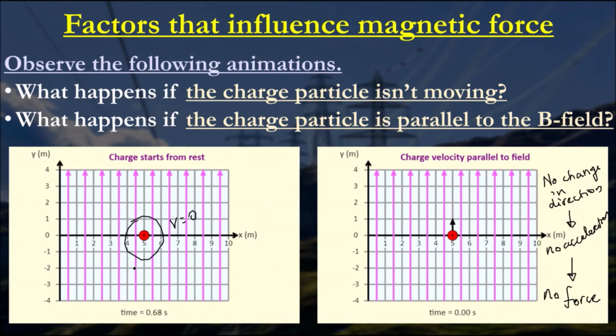If there's no change in motion, Newton already told us, that means there's no external force being applied. So no external, in this case, magnetic force is being applied onto our object here. Okay, so those are a couple of key pointers to take note of.